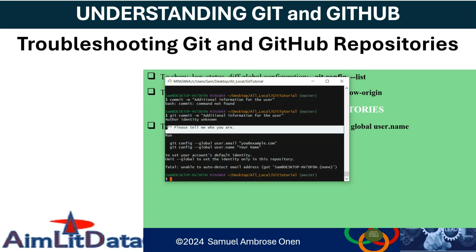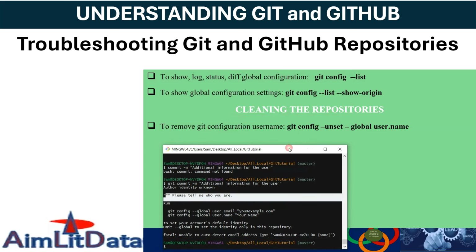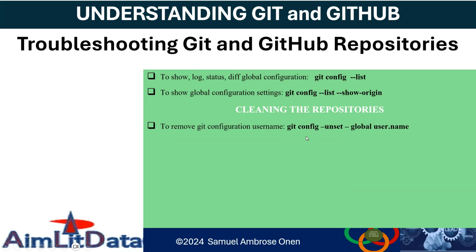So my friend, I'm just doing this to show you what happens after doing this and then trying to pretend that you're doing the normal thing when you have already messed up the system. So the goal has been met. We have removed or unset the global configuration of Git.